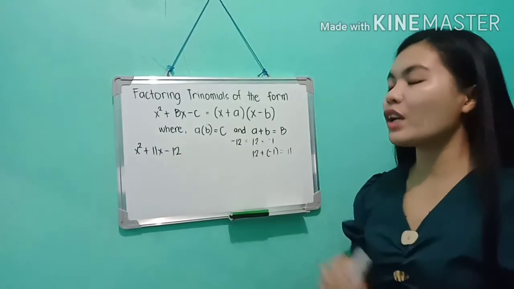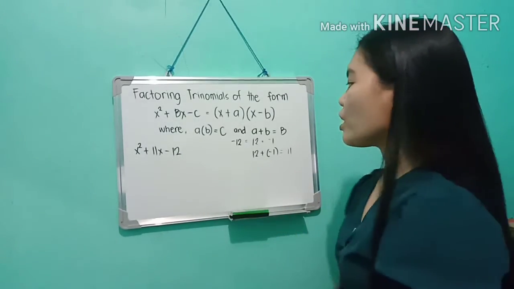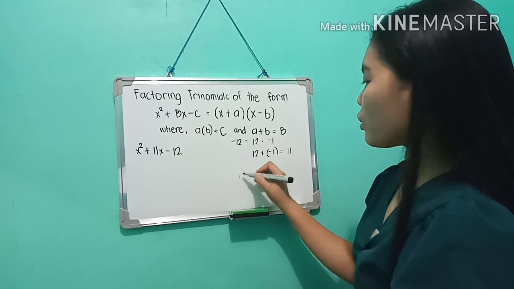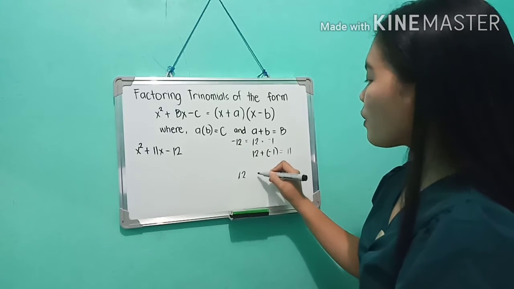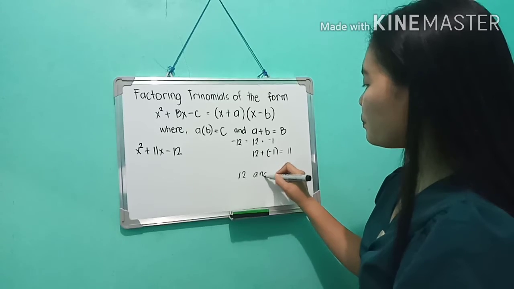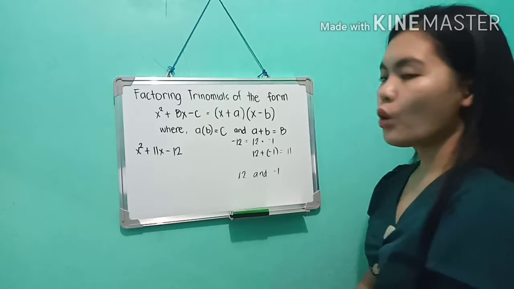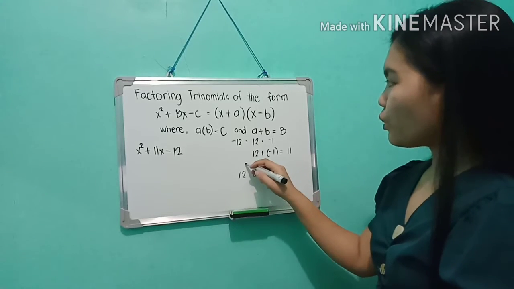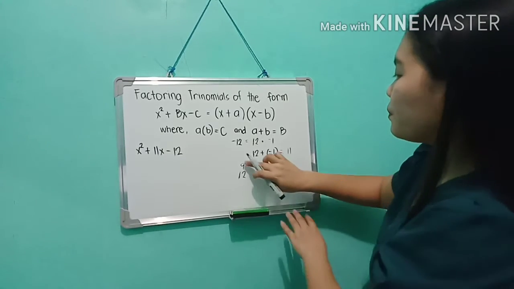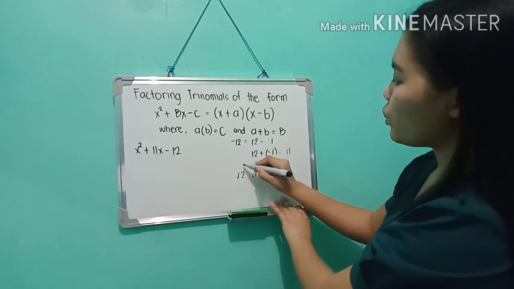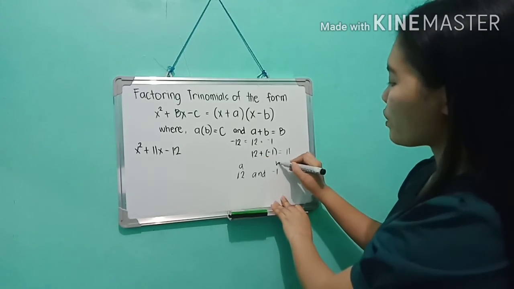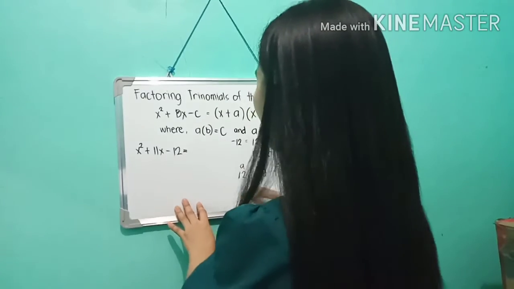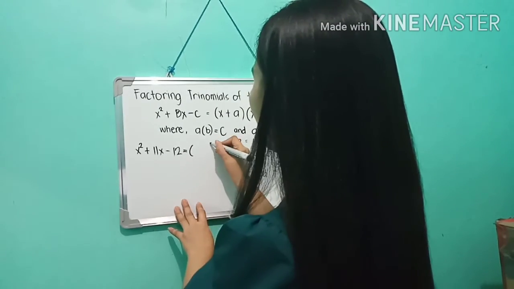So, now, nasatisfy na natin yung equation. So, ito na ngayon ang ating factors. We have here 12 and negative 1. Alright, so, ito yung A natin. Ito yung A. This is our B. Alright, so, gagawa tayo ng dalawang parentheses.